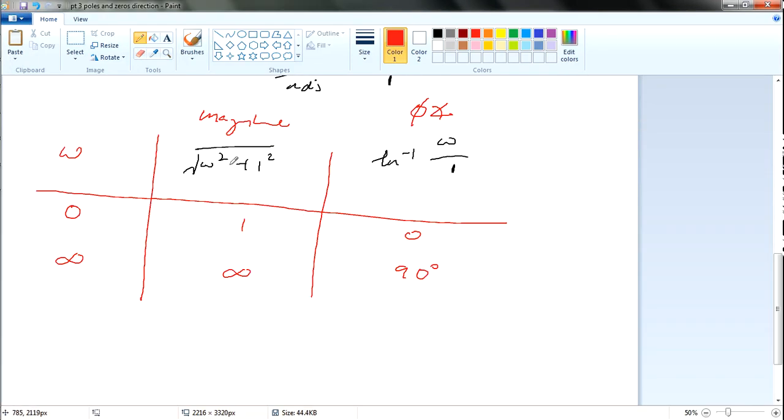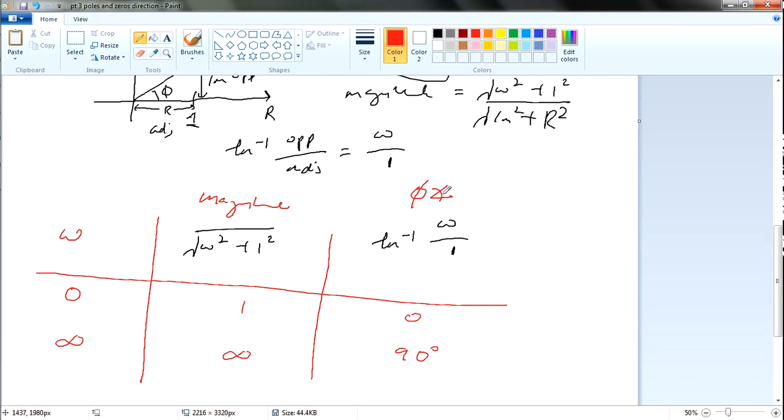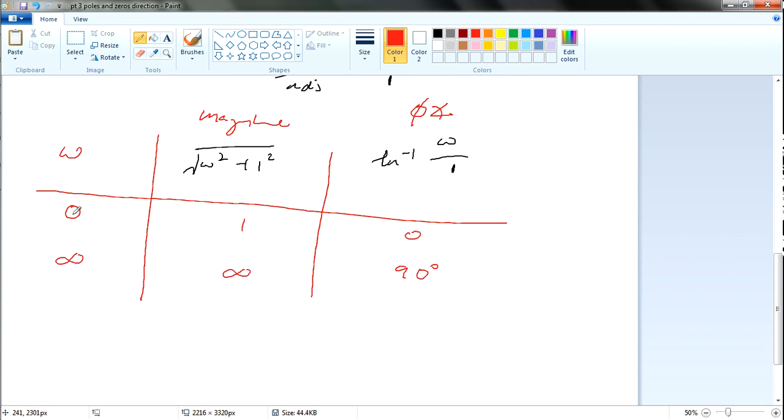I actually plot a table now. The magnitude is just as I mentioned earlier, and the phase angle is this one. If I plug in 0, 0 plus 1 is 1, square root of 1 is also 1, so tangent inverse of 0 is 0. Then at infinity, you will definitely get infinity. Infinity squared, the 1 is negligible, so the square root comes back to infinity.